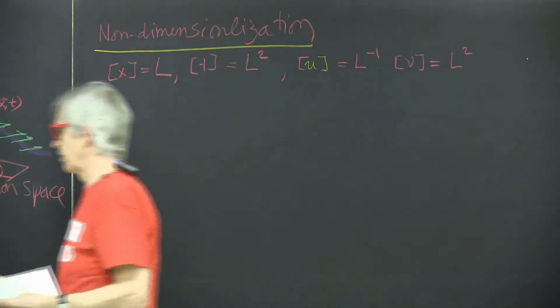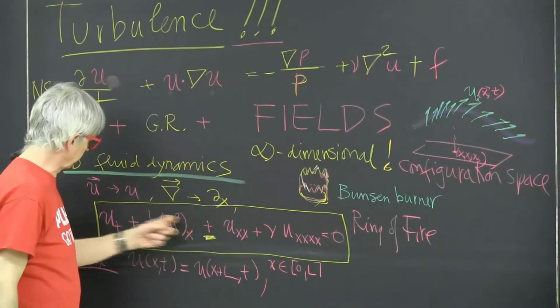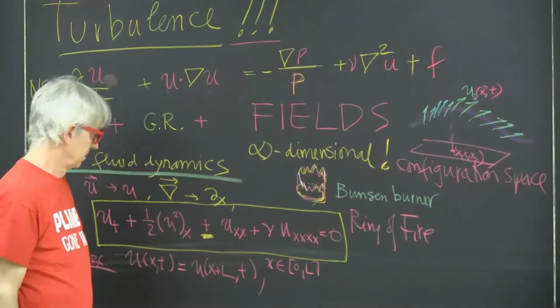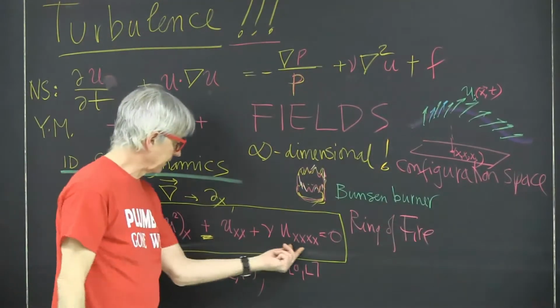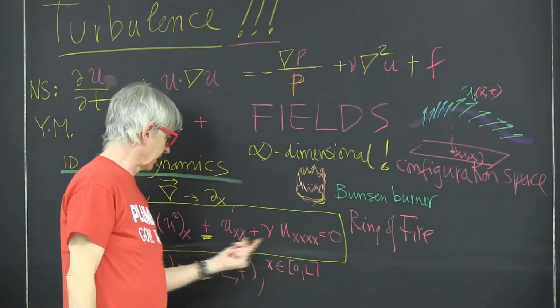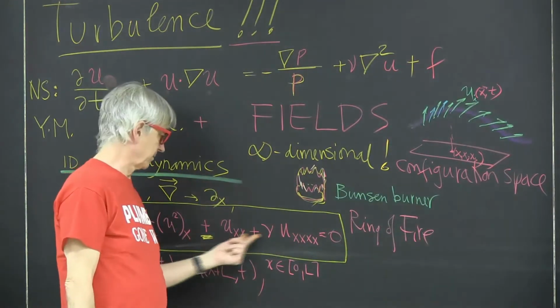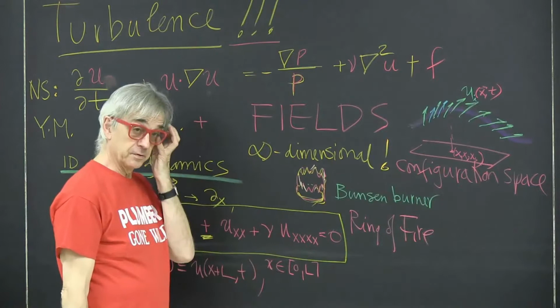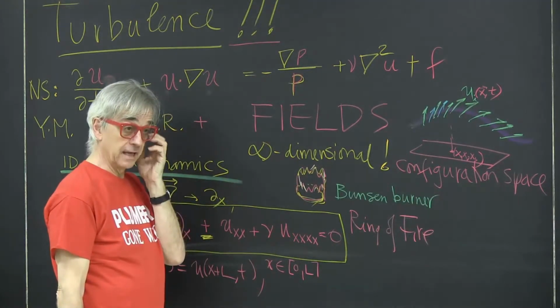So basically, if you don't believe me, you just stick these dimensions in here and you make sure that all the terms have the same dimension. So for example, this has two extra derivatives and it has to be the same dimension as this term. So viscosity has to have dimension length squared.